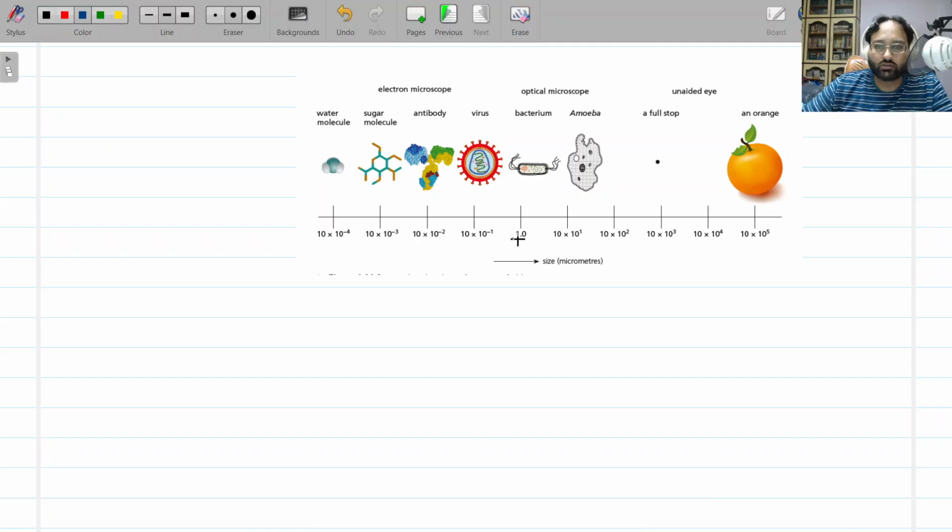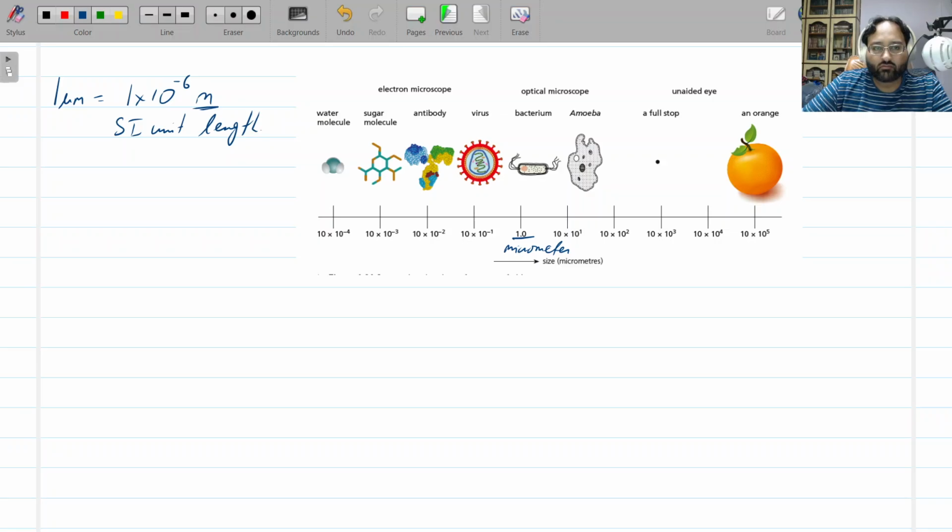So this is 1 micrometer, written as 1 into 10 to the power minus 6 meter, and we give it in meters because that is the SI unit to measure any length.